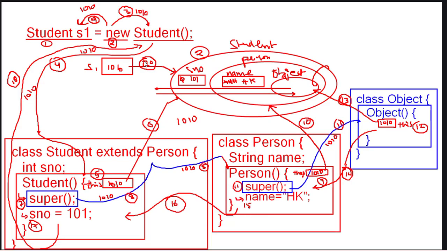Second, super of 6.7 calls the double param constructor. Super of double quotes A calls the string param constructor.